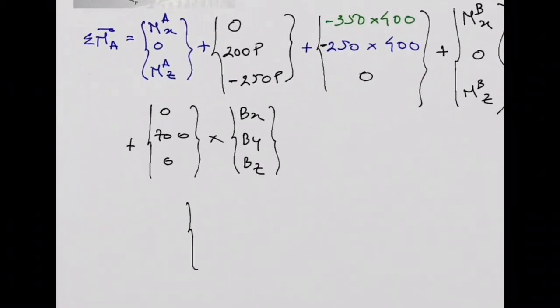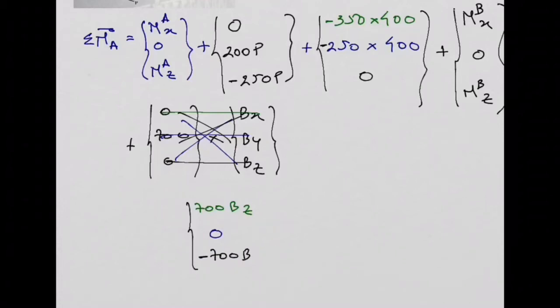Now if we do this external product here, you can see that your x component is going to be 700 Bz. Your y component is going to be 0. And your z component is going to be minus 700 Bx. Okay?